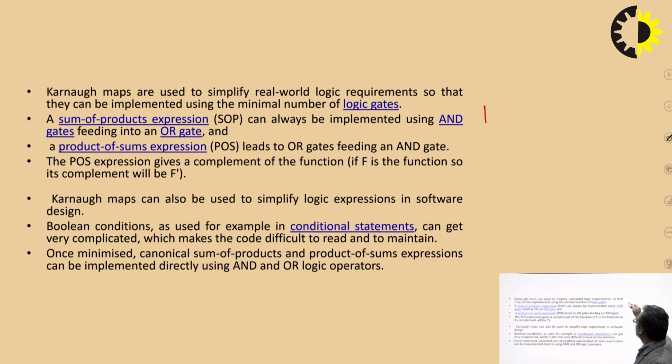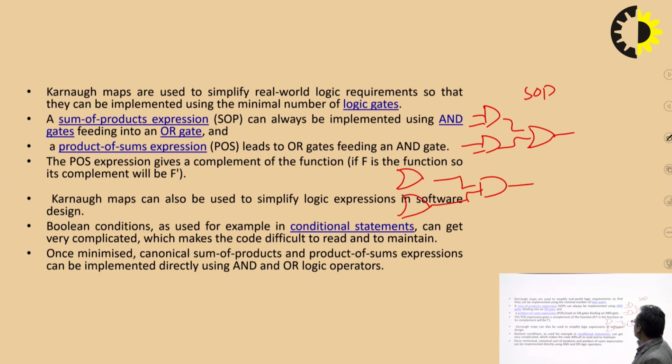So here you can have these AND gates, and these AND gates will feed into an OR gate. The final expression will be like this, and this is SOP. For POS you will have different OR gates, and these will feed into the AND gate, like this.